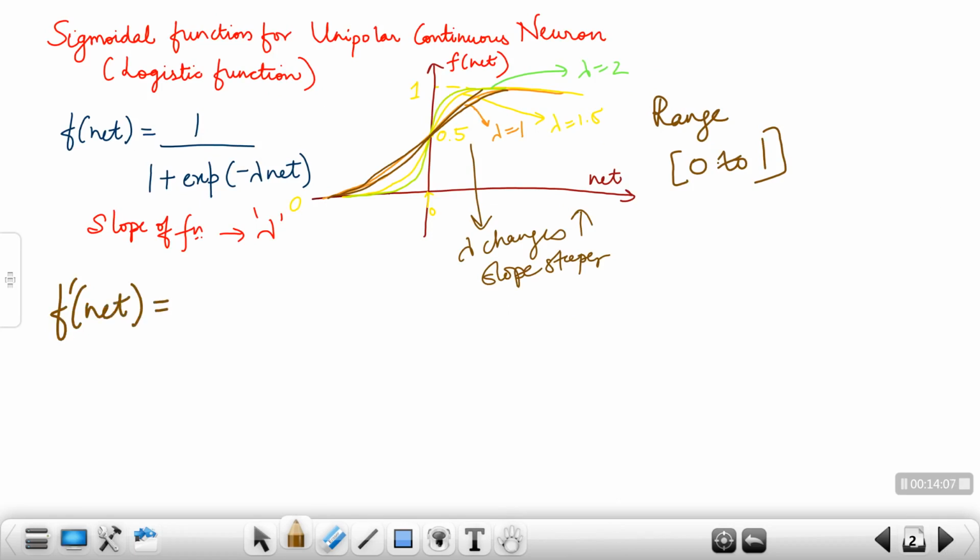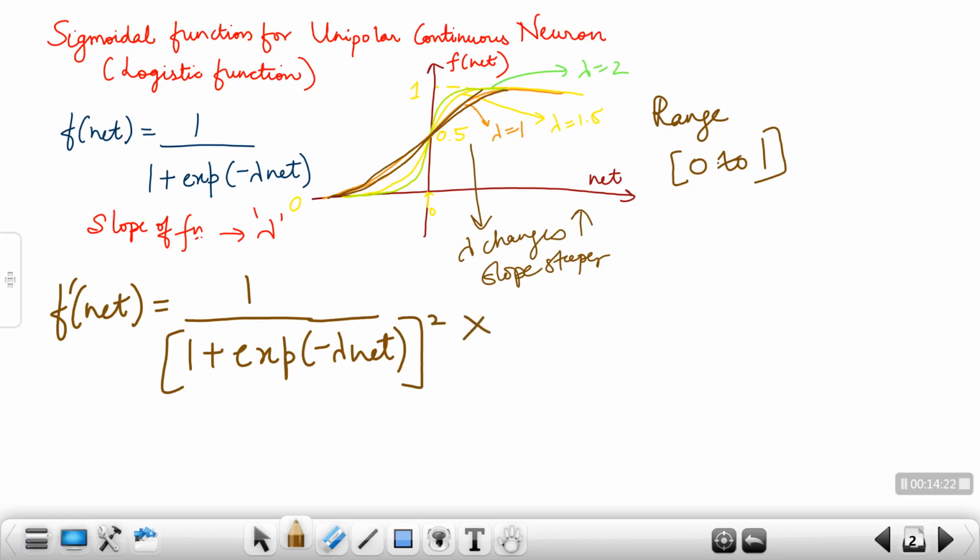What is f net dash? This whole thing raised to the power 2, multiplied by the derivative of the inside part. What is the derivative of the inside part? The derivative of this particular part is exponential of minus lambda net.